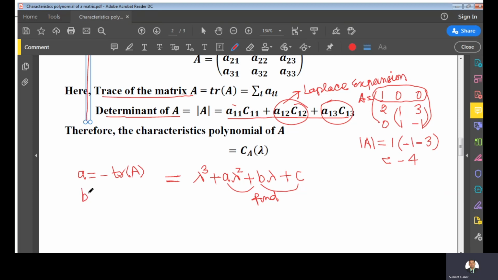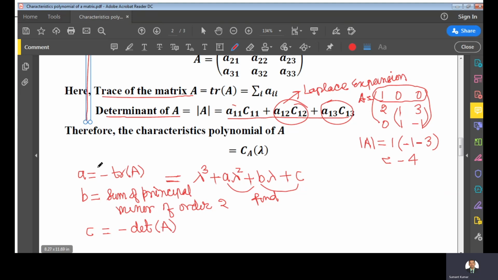And b will be what? In this case, b will be the sum of principal minors of order 2, right? And c will be what? c will be minus of the determinant of A. See here how we are changing the sign.